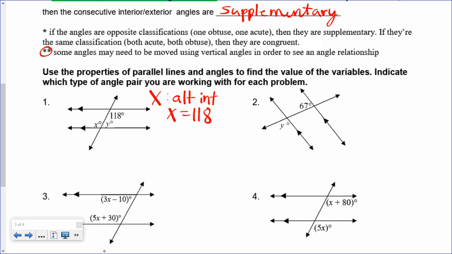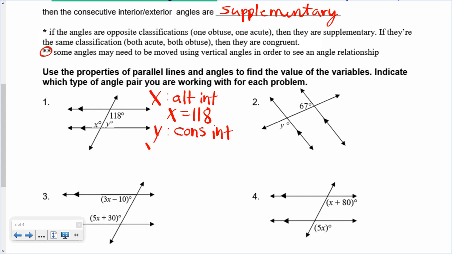Ignore X now. We're switching to Y. Okay? So now, the Y and the 118, they are these two right here. Consecutive interior. And what do we know about the measures of consecutive interior angles? They are supplementary. So because I know one of them is 118, the other one needs to be supplementary to that.